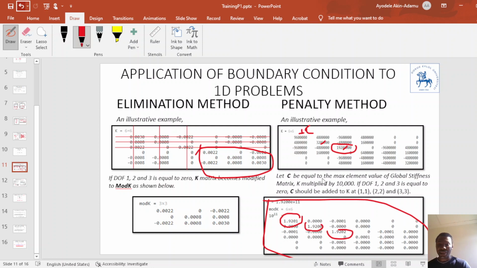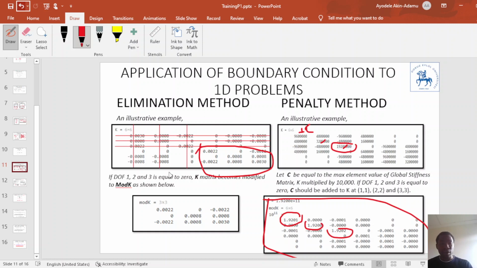Adding the C value to the matrix actually makes the other values so small that we see 0 everywhere. So this is how we modify the global stiffness matrix using the penalty approach. We add a large stiffness at support degree of freedom in the global stiffness matrix.